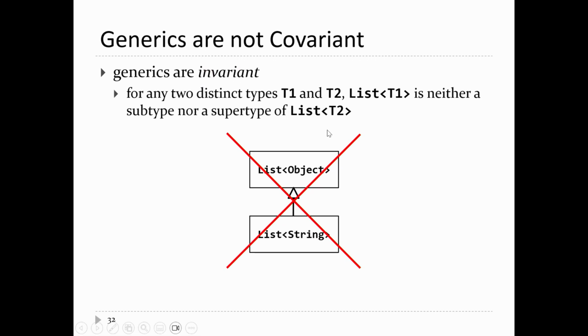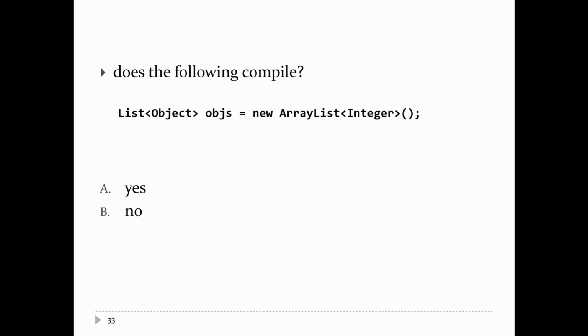For any two distinct types, T1 and T2, a list of elements of type T1 is not related at all to a list of element type T2. So here, if I have a list of Object and a list of String, this relationship no longer holds. I cannot store a reference to a list of String in a variable that is a list of Object. That does not compile.